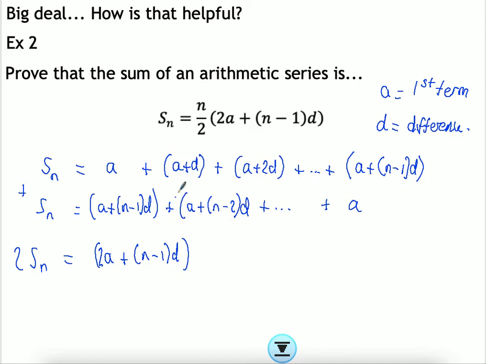And how many times are we going to get this term? We're going to get it n times. And then hopefully we can see, we divide through by 2, and we in fact get exactly the formula that's required. So let's have a look at how we can actually use this.